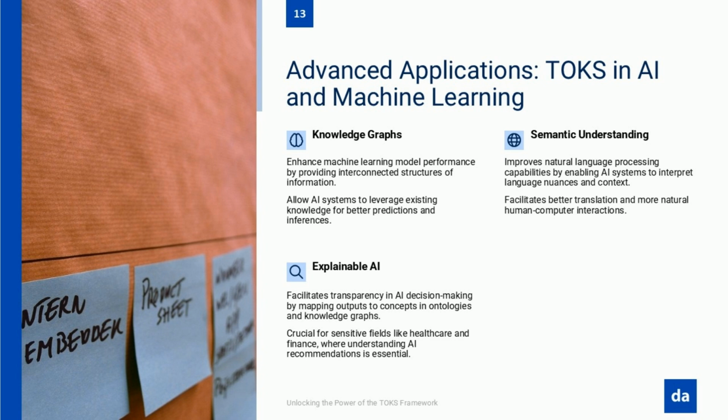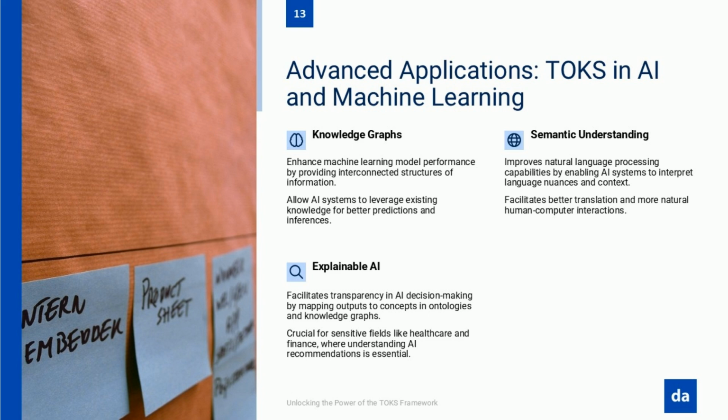In the financial sector, TOKS-enhanced AI is revolutionizing fraud detection and risk assessment. By understanding the intricate relationships between financial entities and transactions, these systems can identify suspicious patterns that might elude traditional rule-based approaches.